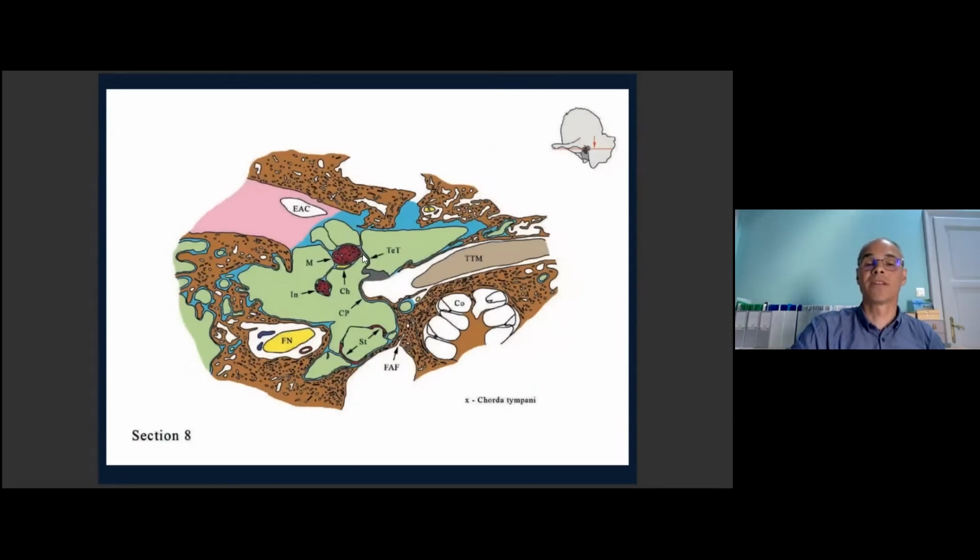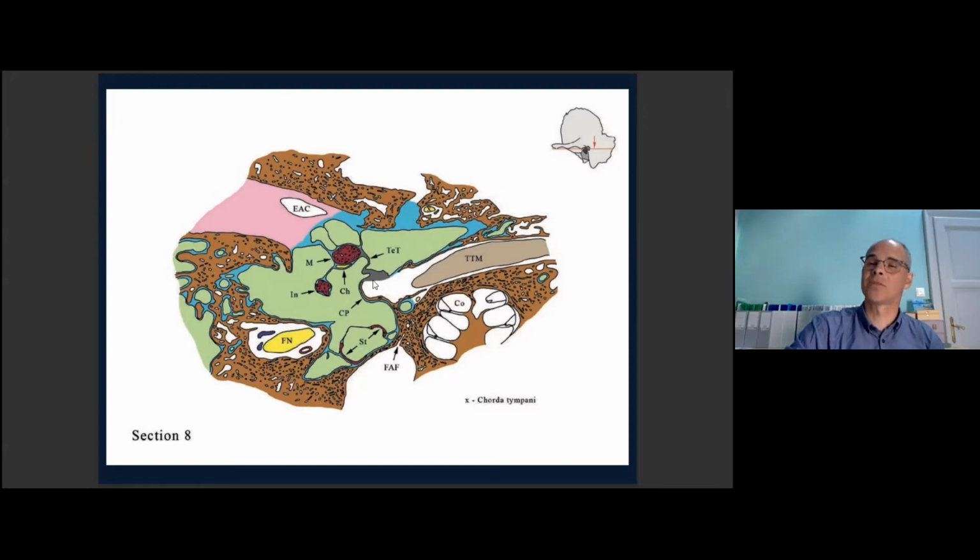You can find here the tensor tympani muscle tendon. It is worth knowing the tensor tympani muscle has a touching area not in the middle of the handle of the malleus, but anteriorly. That is why the muscle has two functions. It pulls the malleus medially, but makes a turning as well.